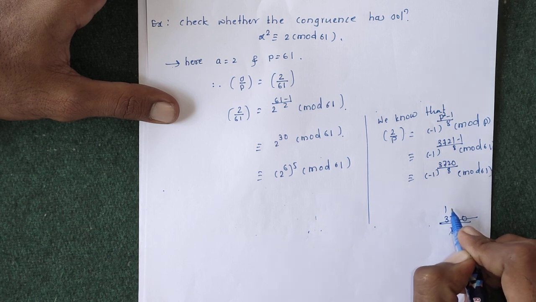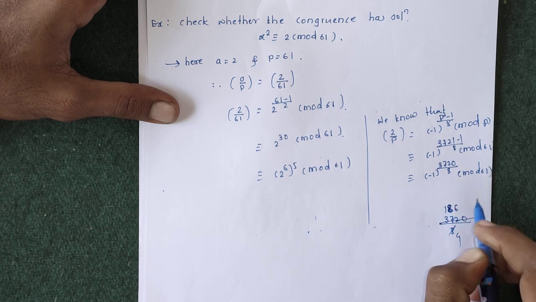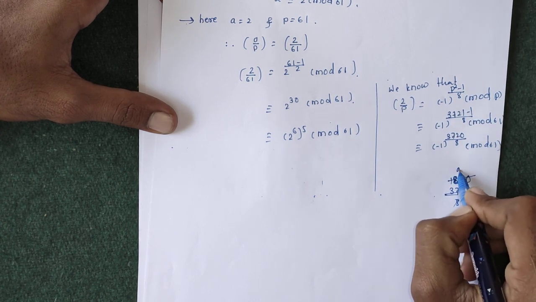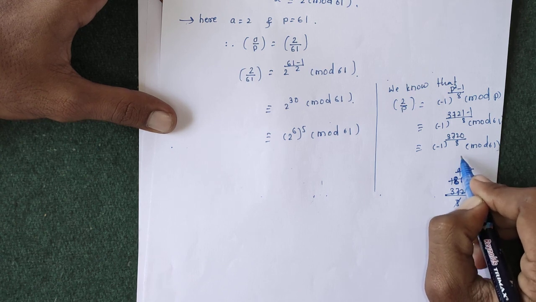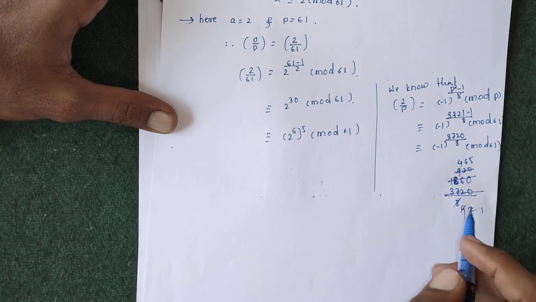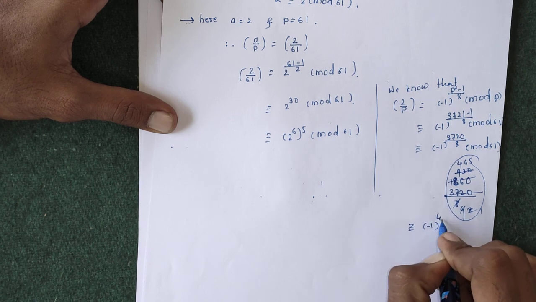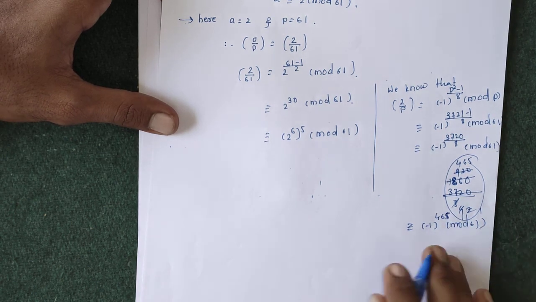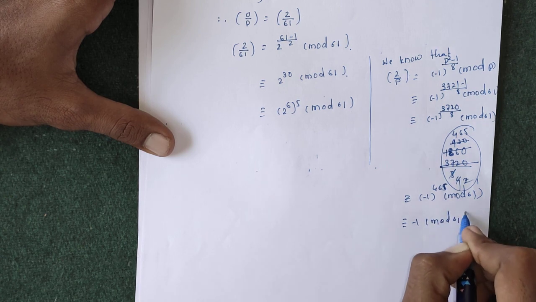3720 by 8: 8 into 465 is 3720. So this will be congruent to minus 1 raised to 465 under modulo 61, and since 465 is an odd number, minus 1 raised to 465 is congruent to minus 1 under modulo 61.